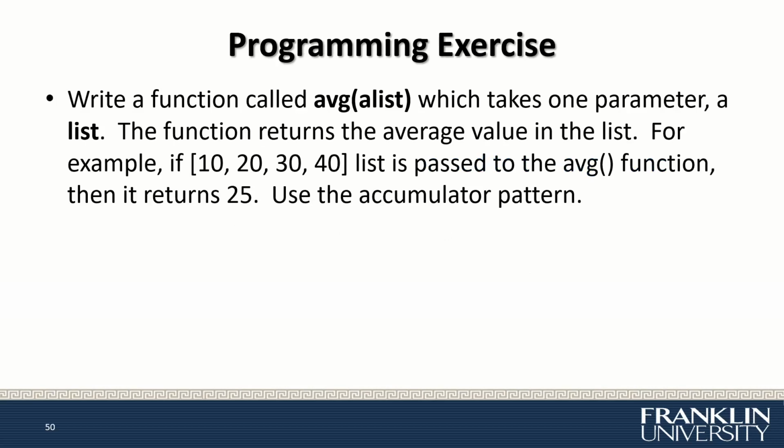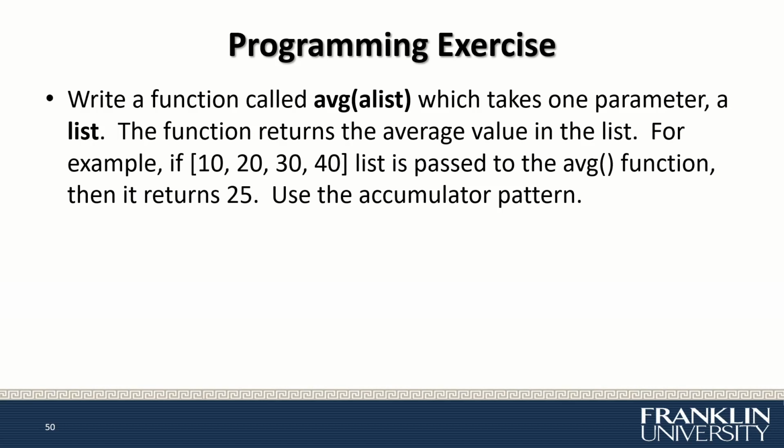So let's write a function called average. Average a list. We take one parameter, a list. The function returns the average value in the list. For example, if the list 10, 20, 30, 40 is passed to the average function, then it returns 25. Use the accumulator pattern.